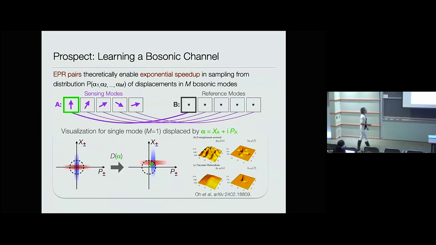It turns out that this resource of EPR entangled pairs can give you an exponential speed up in how quickly one can reconstruct that probability distribution as a function of the number of modes. So that would be a very neat direction to explore.